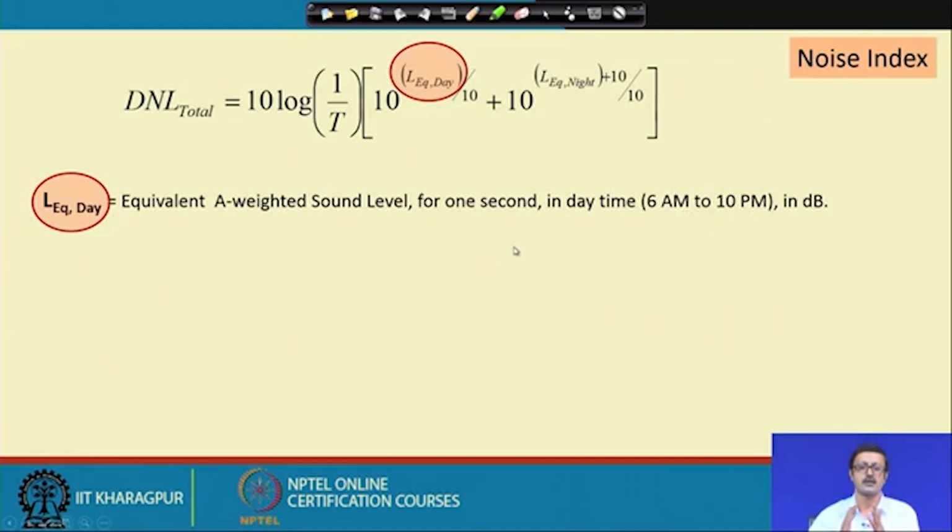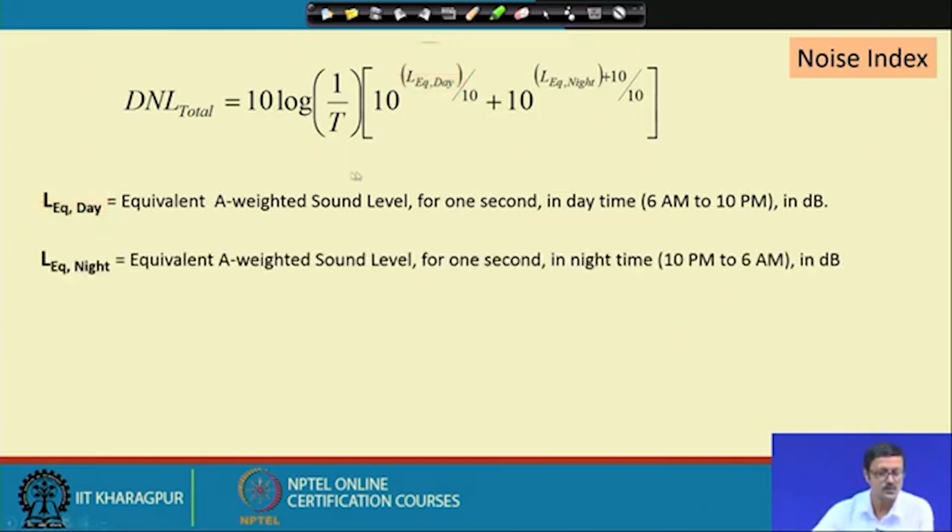So, it takes care of the impact of the sound and the impact of the time, and the equivalent for the night is also taken care of, and that time duration is 10 p.m. to 6 a.m.